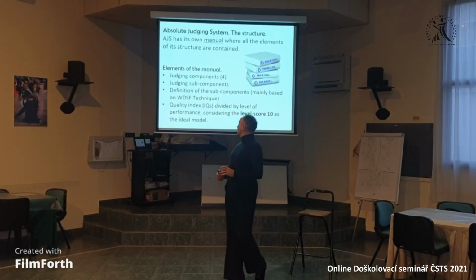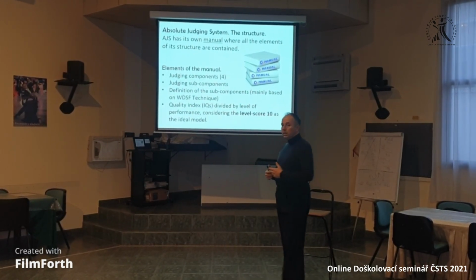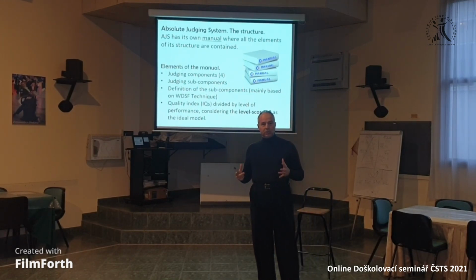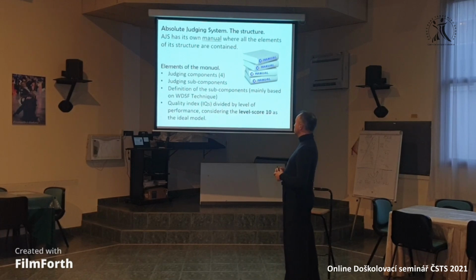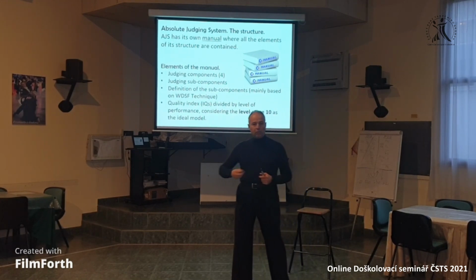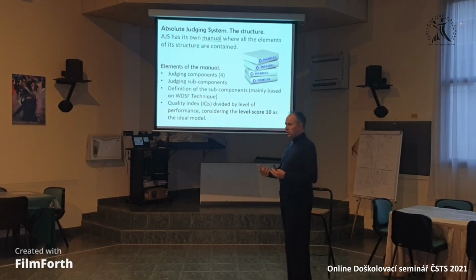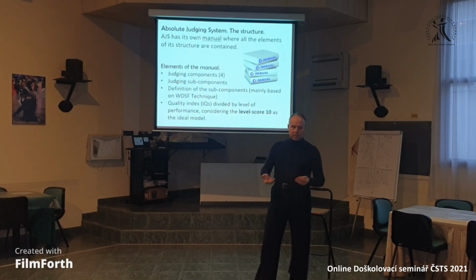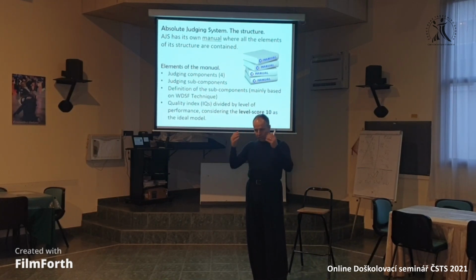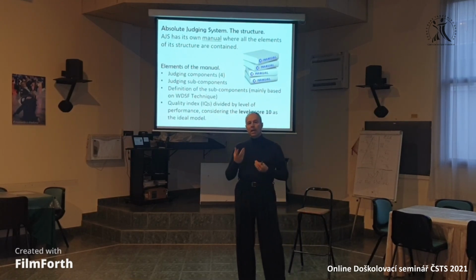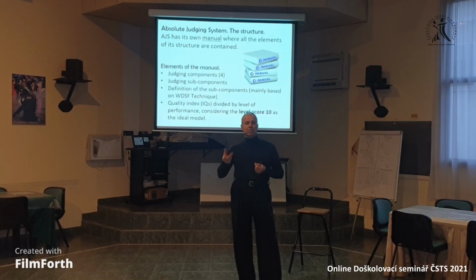So now we have to consider the absolute judging and its structure. The structure of absolute judging is contained in the manual of the absolute judging system. This manual is something that you have from the WDSF. WDSF is giving you these criteria in this manual, but it's very important to understand which are the most fundamental elements included in these manuals.